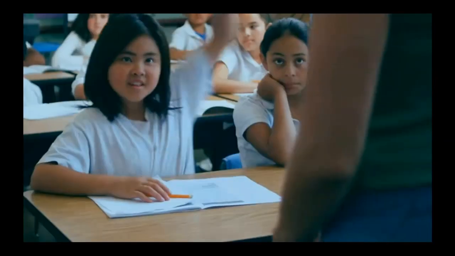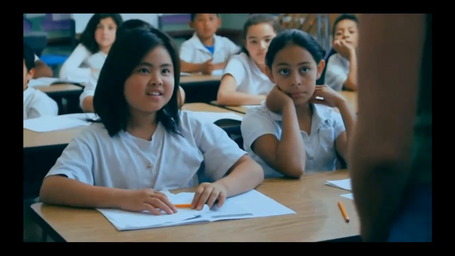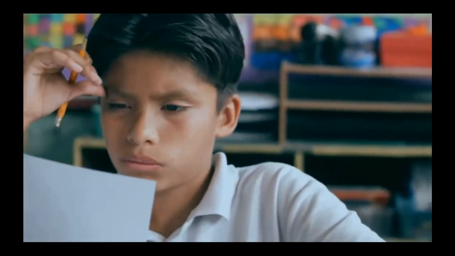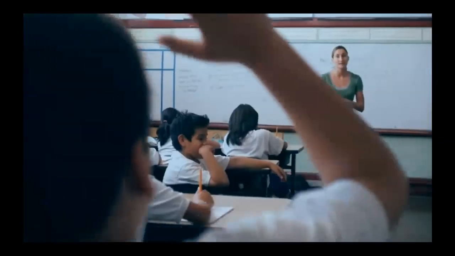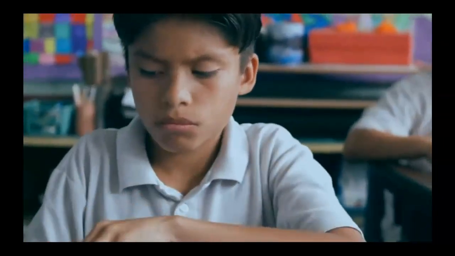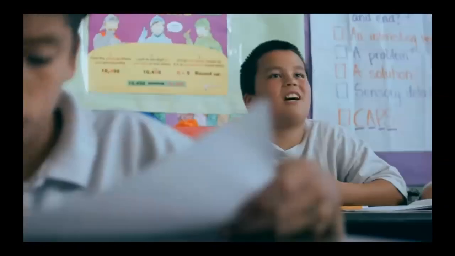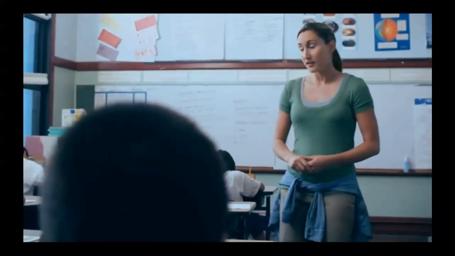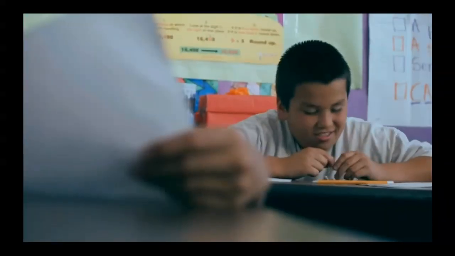No, it's not 8 minutes. Michelle? 18 minutes? Nope, not 18 minutes. Yes, Enrique? 40? 40, yeah, very good. How'd you get 40? I don't know. You don't know? Well, 40 is the right answer. How did you get it? I forgot. You forgot. Okay. Does anyone know how we get 40?